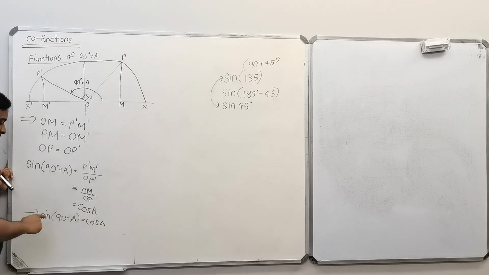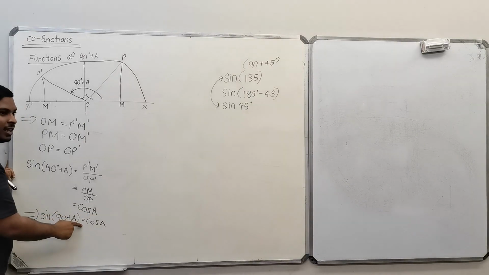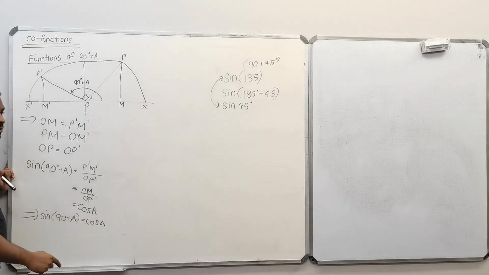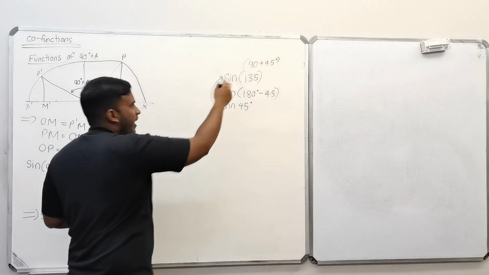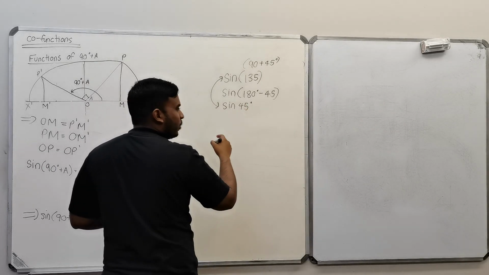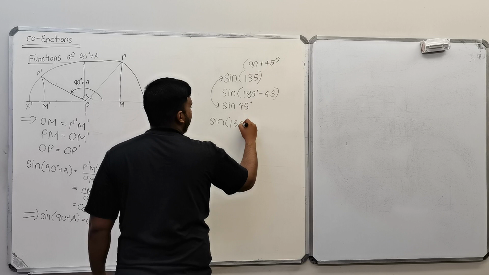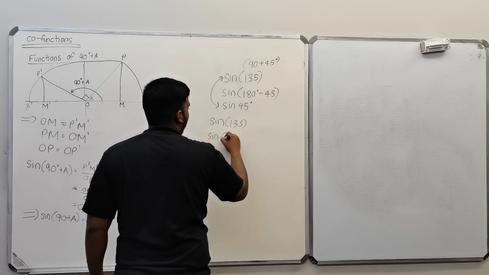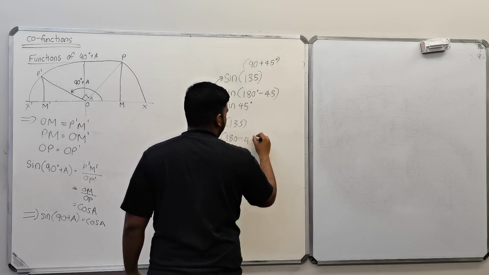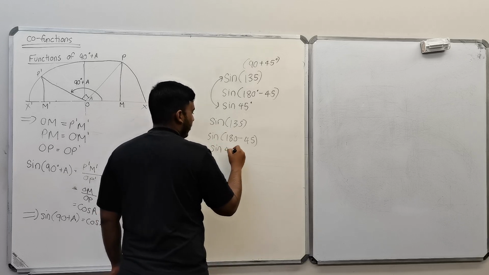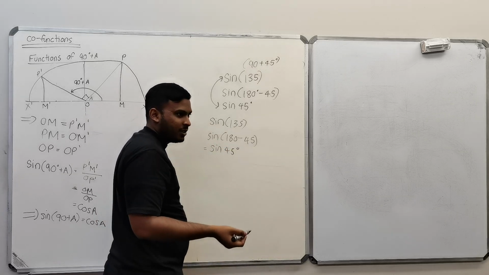So what we proved was that sine of 90 plus an angle is equal to cos of that angle. So in this point here, you could have worked it out two ways. You could have said sine of 135 would have been sine of 180 minus 45, and then you would have said this is equal to sine of 45 degrees, right?